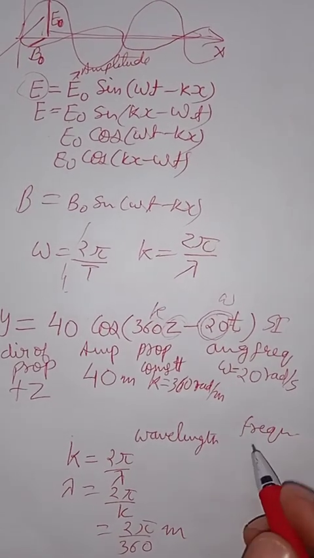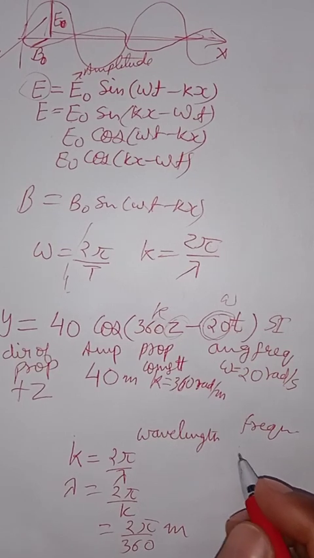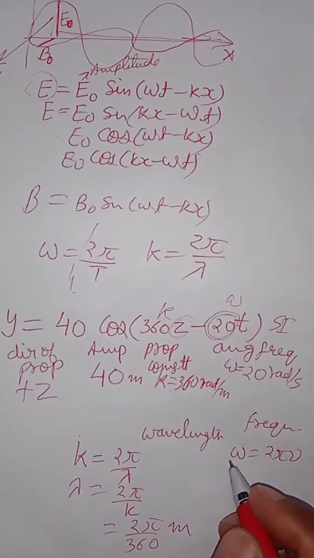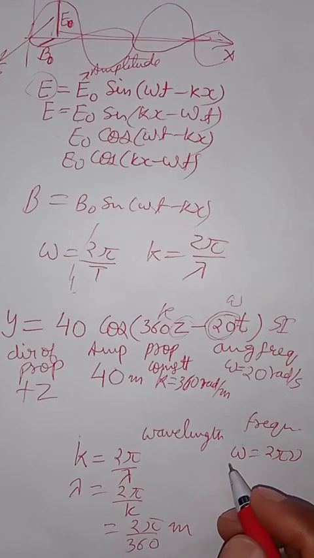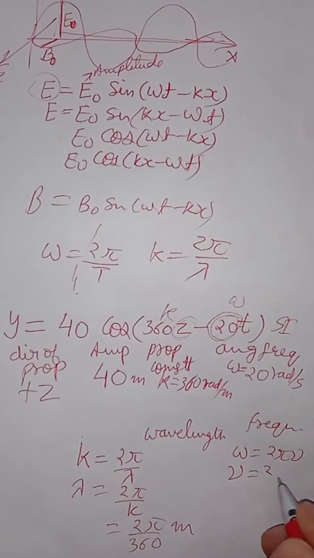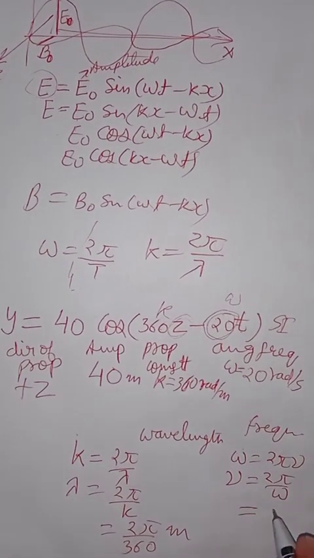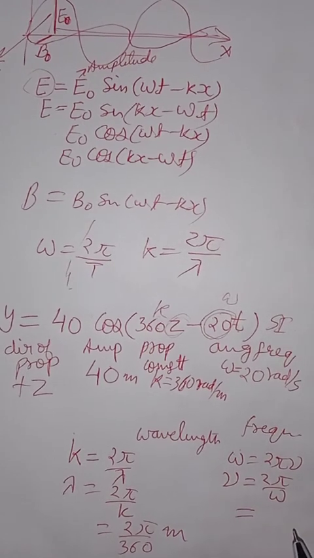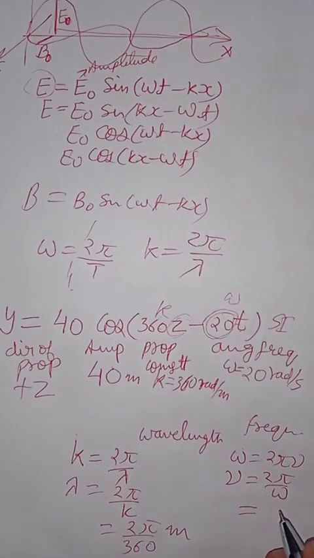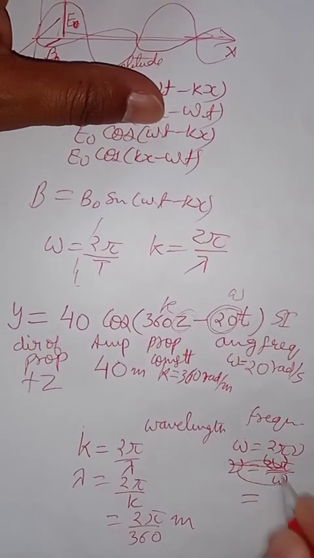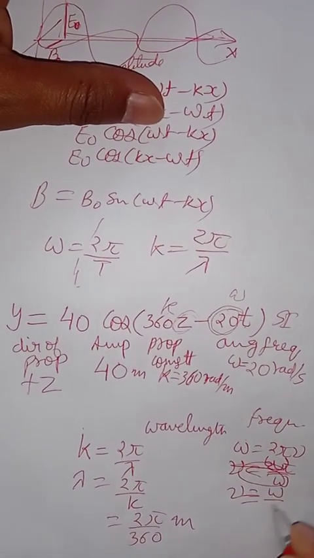And frequency: we know that omega equal to 2 pi nu, so nu equal to omega by 2 pi, oh sorry, a slight mistake, omega by 2 pi.